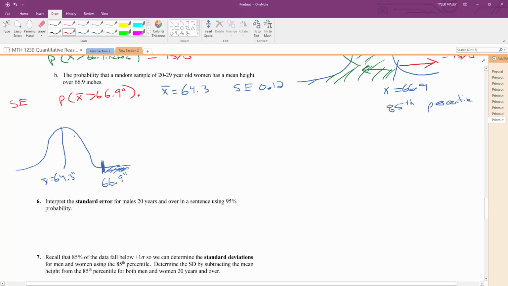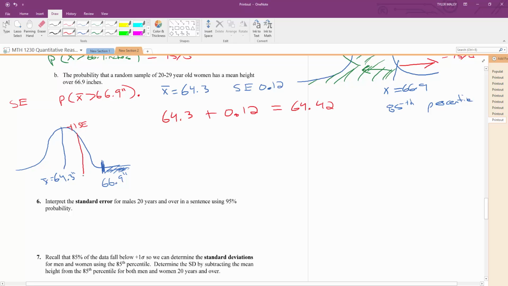If I go plus 1 standard error over, that would be adding 0.12. So 64.3 plus 0.12 will give me the value for one standard error. 64 plus 0.12 is what? 64.42.